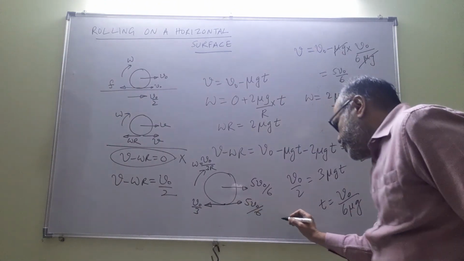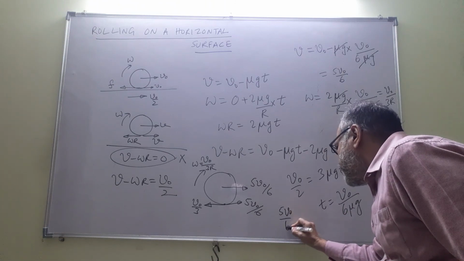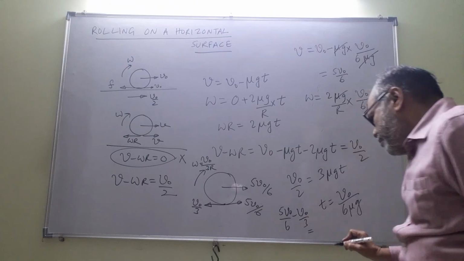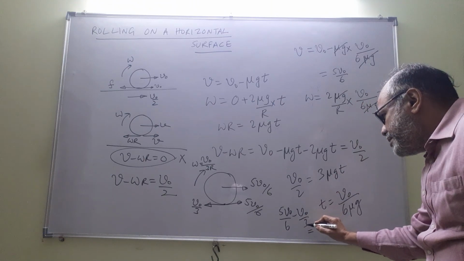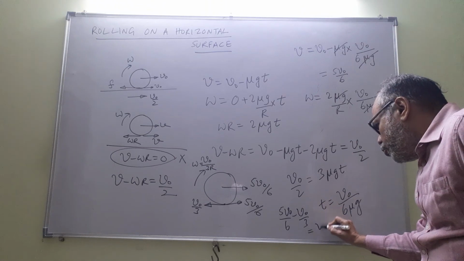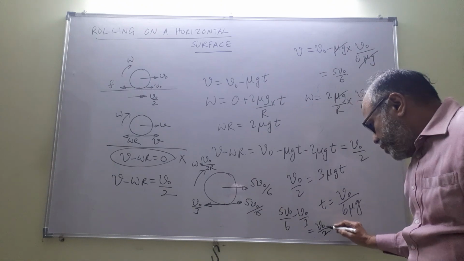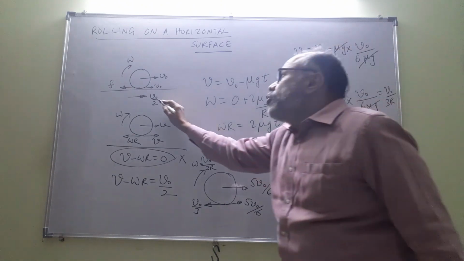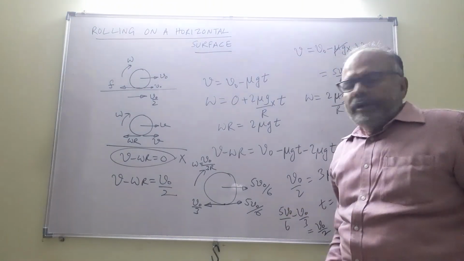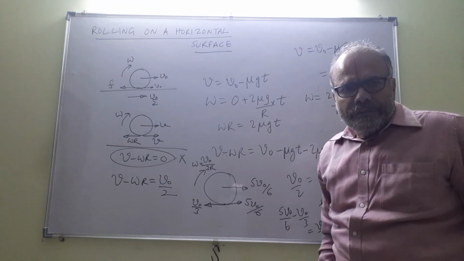So what is the net velocity? 5 v naught by 6 minus v naught by 3, that will be, 6 is the LCM, 5 minus 2 is 3, 3 by 6 is v naught by 2. So the point of contact has got a velocity v naught by 2. The belt is also moving at v naught by 2. So there is pure rolling, and friction will again disappear.